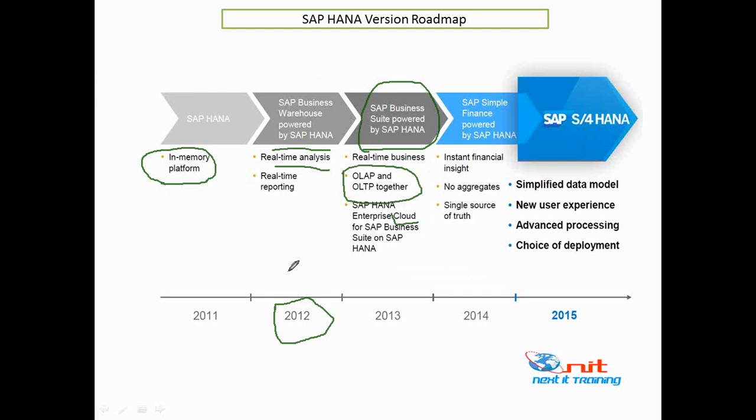These two, online analytical processing and transaction processing, were combined together in a single system and across multiple applications like ECC, CRM, SCM, HCM, SRM. All these things run together on a single database, SAP HANA. That is the component we have, SAP Business Suite powered by SAP HANA. The majority of the clients are still on this, because S/4HANA is the latest one.